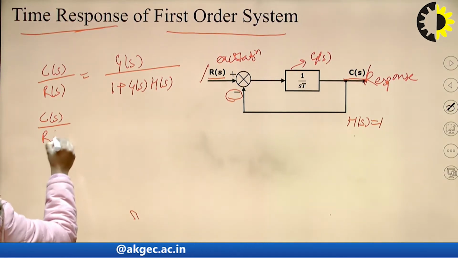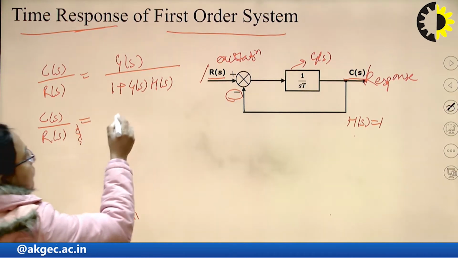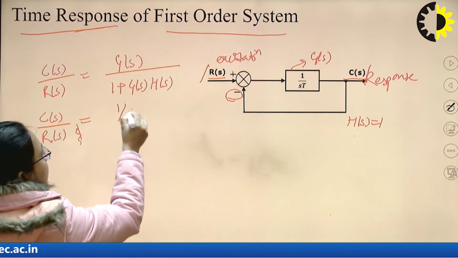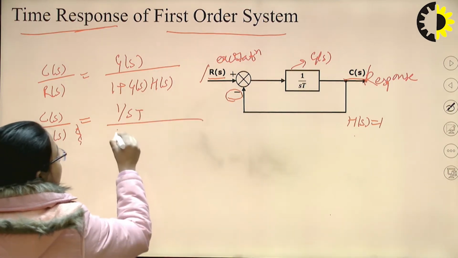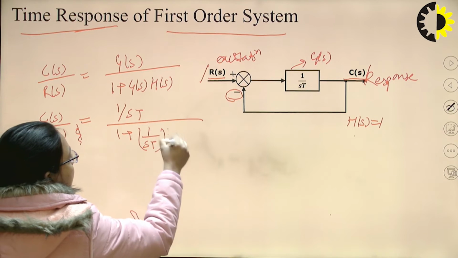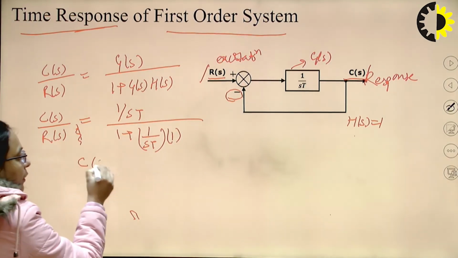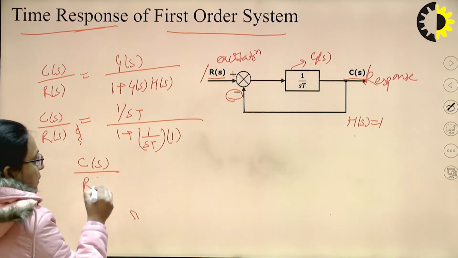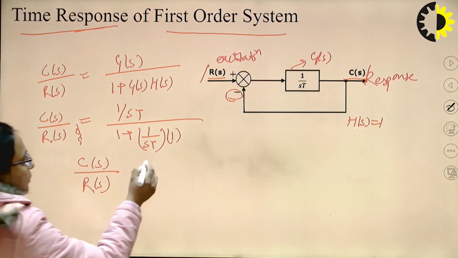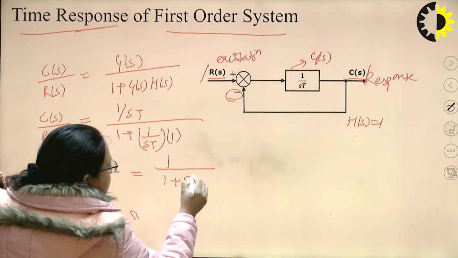So here C(s)/R(s) will be equal to 1 upon sT, divided by 1 plus 1 upon sT into 1. After solving this, we'll get C(s)/R(s) equal to 1 upon 1 plus sT, as the sT will cancel.